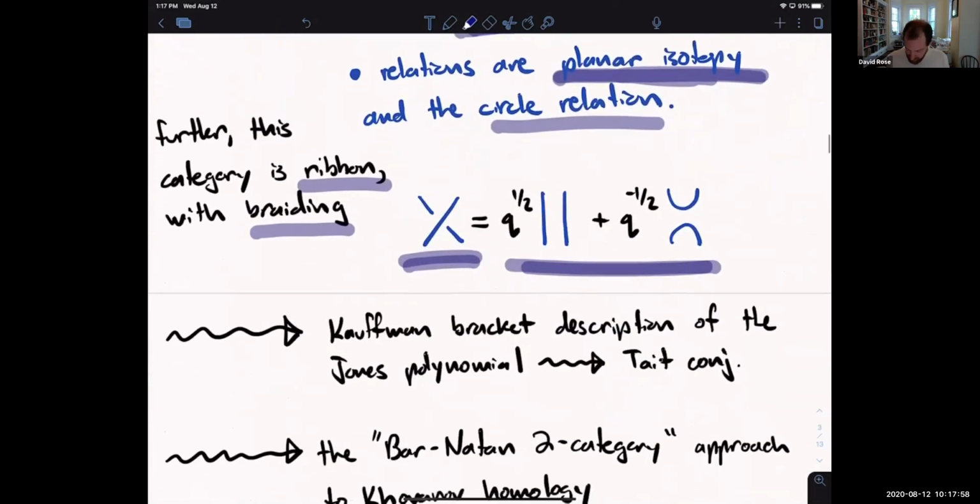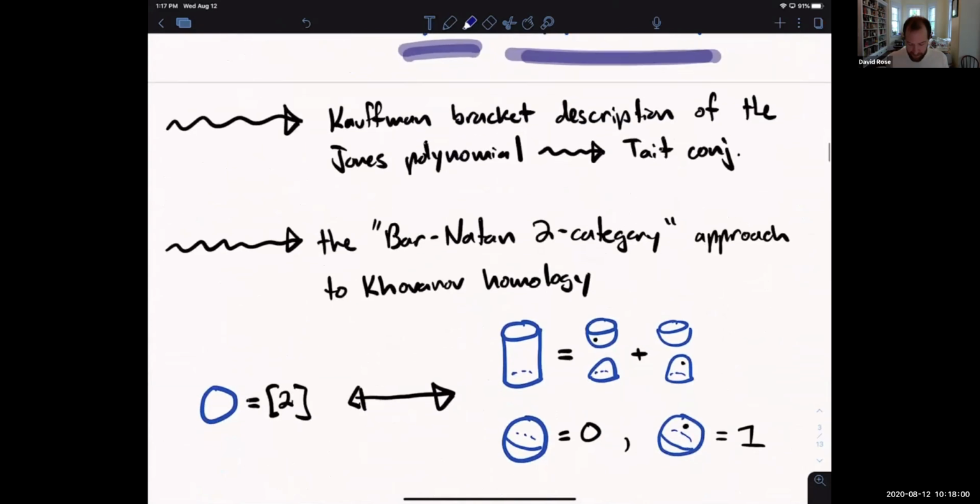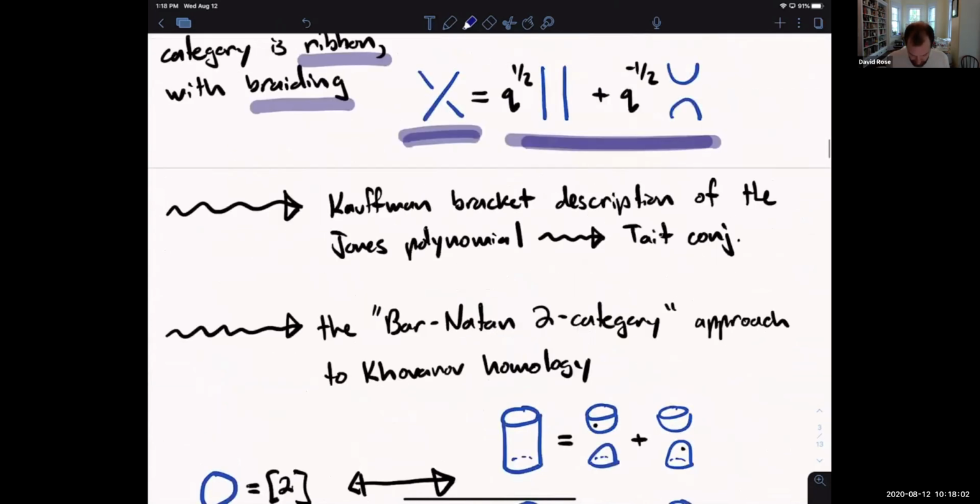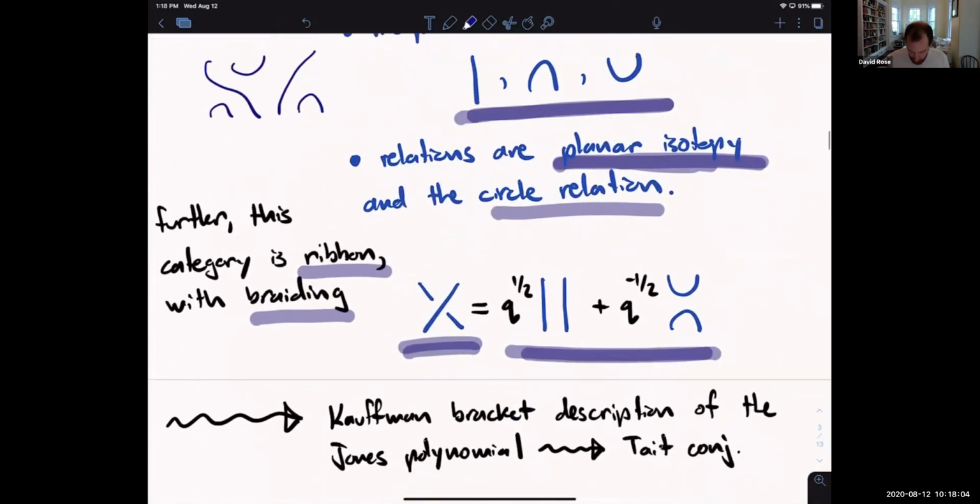So here are some nice applications of this structure. As I mentioned earlier, we get link invariants. And what this essentially recovers is what's known as the Kauffman bracket description of the Jones polynomial.